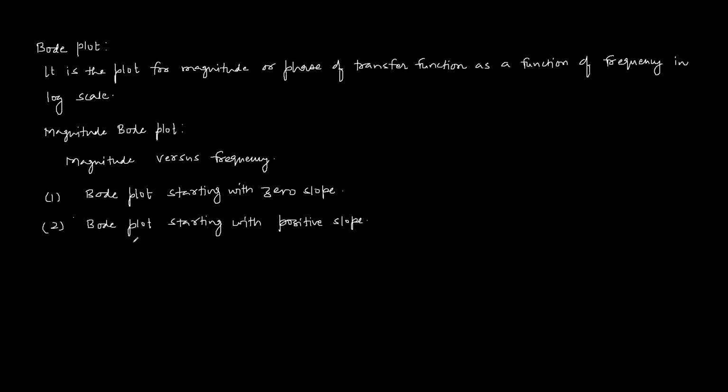It means the starting slope of Bode plot is positive, or the starting line is going up. And third one is Bode plot starting with negative slope, which means starting line is going down in the magnitude Bode plot. We will start with this Bode plot starting with zero slope.